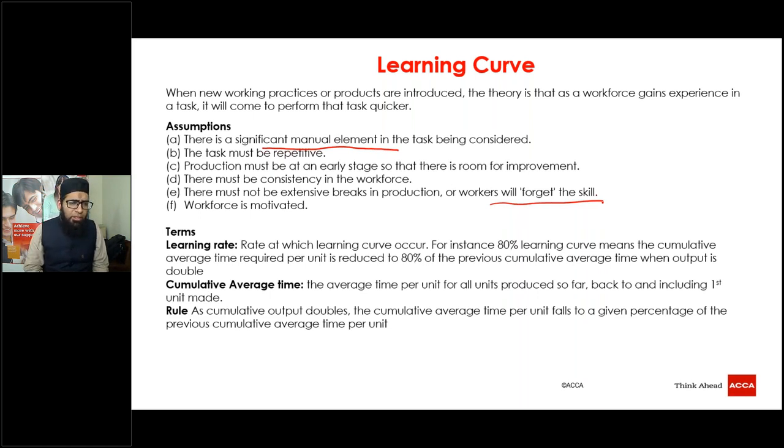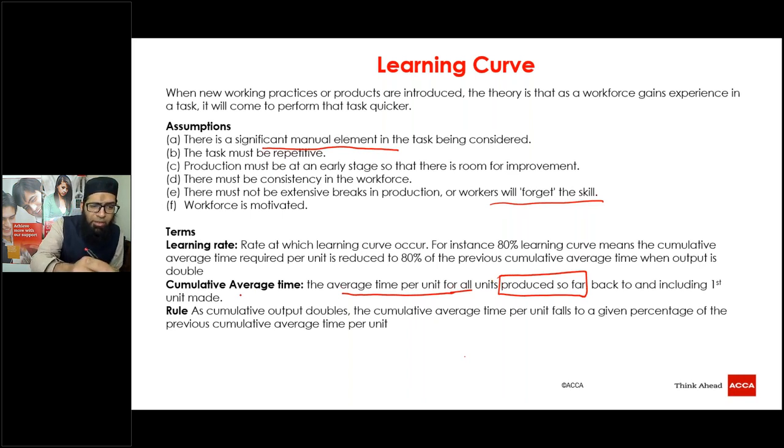So there are terms. One is the learning rate, which is the rate at which the learning curve occurs. Then there is the cumulative average time, which is the average time for all units produced so far. That means the cumulative average time is the average time on a specific number of units.